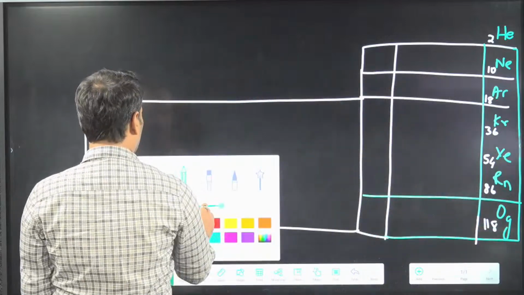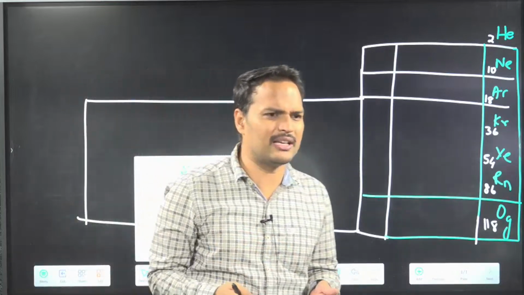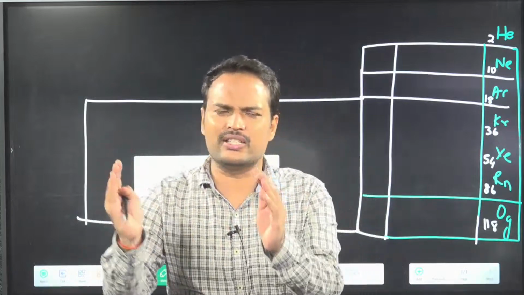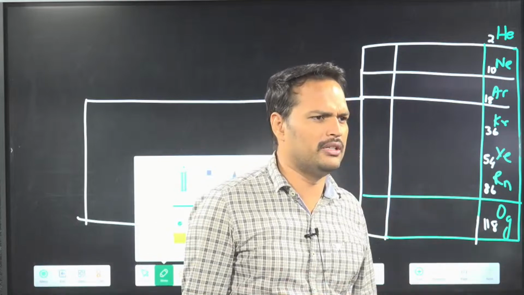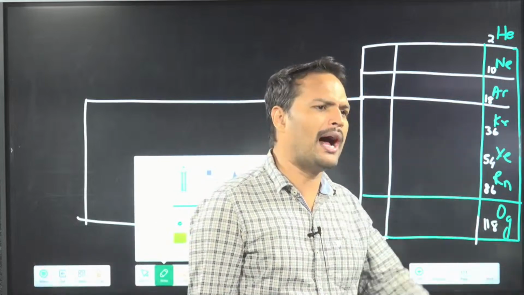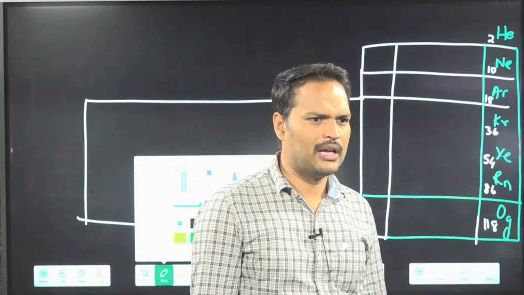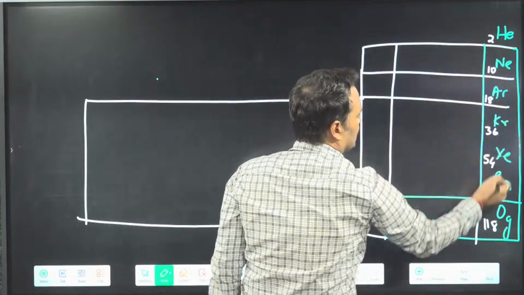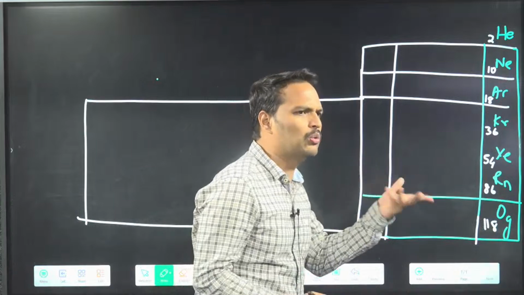What I'm going to tell you now is that we don't require any concept. It is simple, just like a child you can predict the element. Even if you don't know chemistry, normal people, arts and commerce students can also tell. How can they tell? Everyone knows the atomic numbers of noble gases. Now if they ask you, you just count like a child.